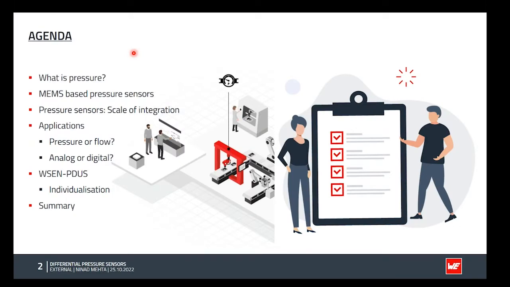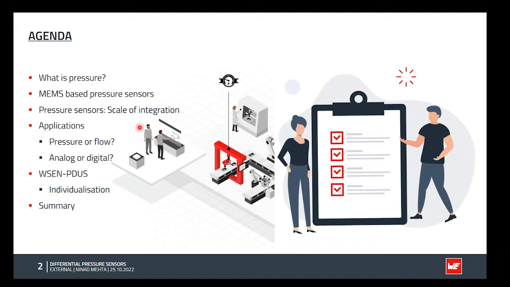We will start with what pressure is, or what kind of pressures there are. Then we will go ahead with MEMS-based pressure sensors and look into which types of pressure sensors are available and how they have evolved throughout the years to show the scale of integration, and have a look at some of the applications.